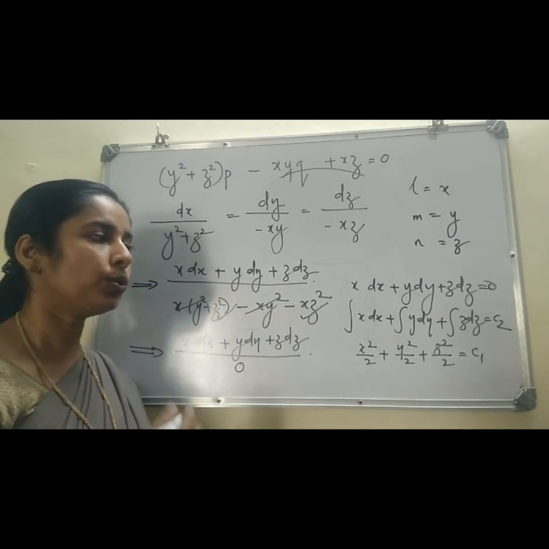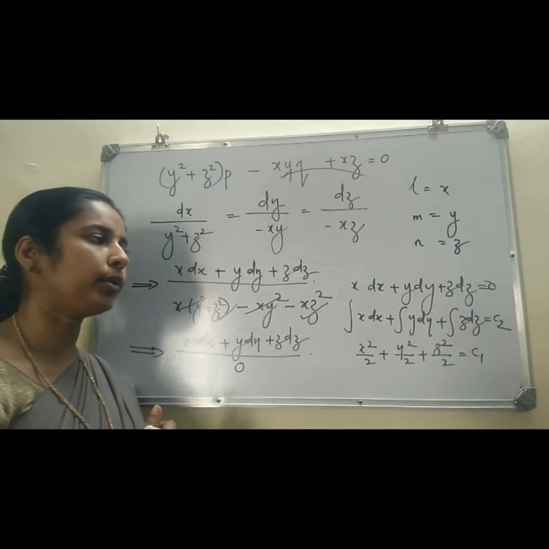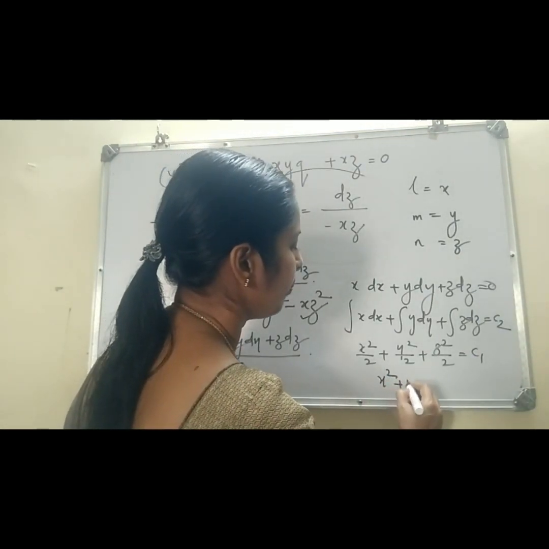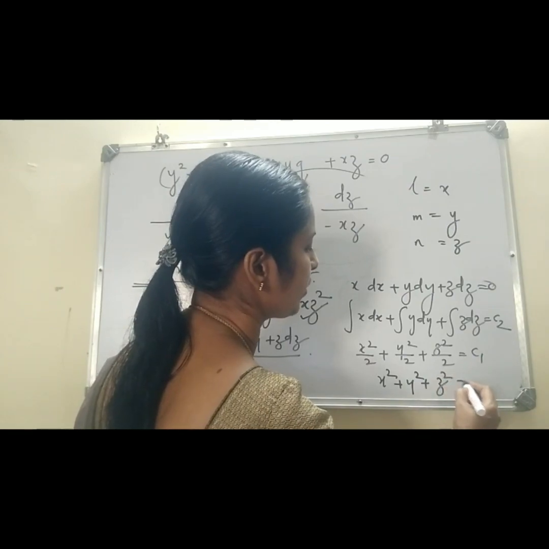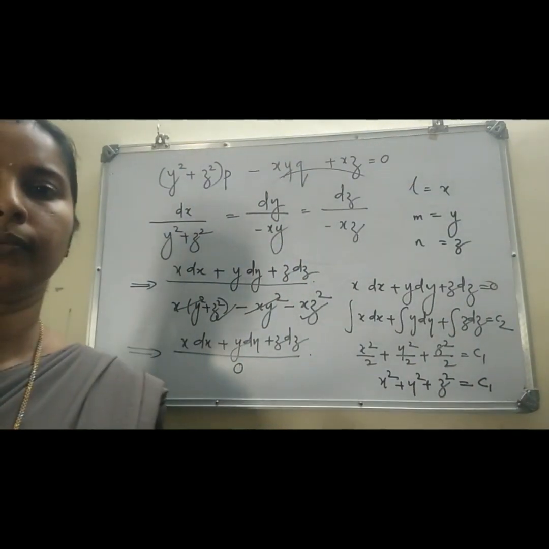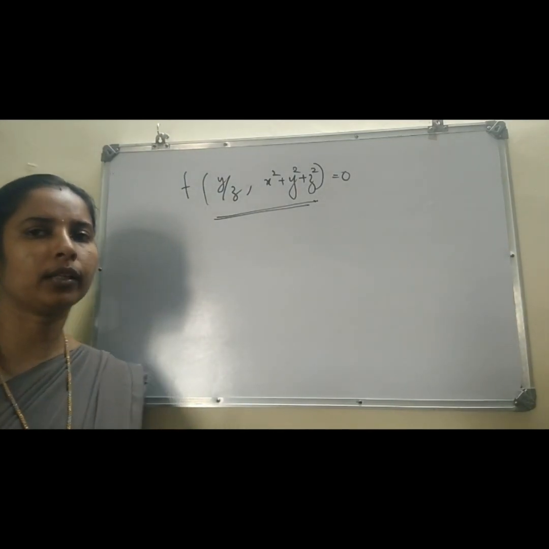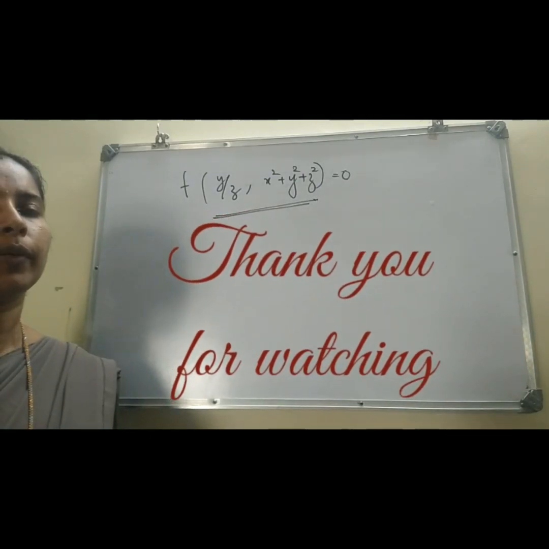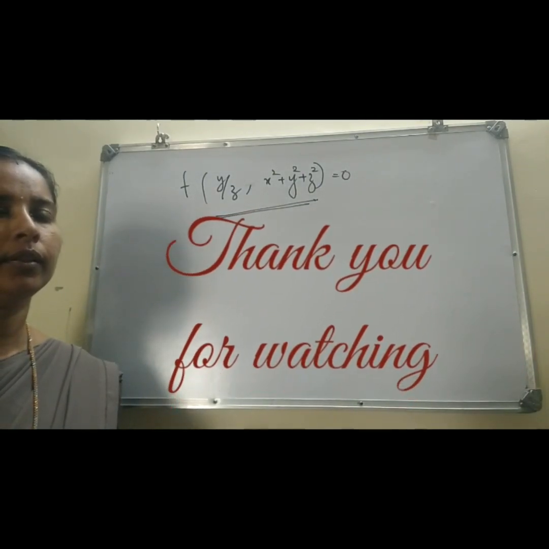Then the right side becomes 2c. Since 2c is arbitrary, you can consider it as c2. So the second solution is x square plus y square plus z square equal to c2. Now we have two solutions. So the solution of the given equation is f of y by z, x square plus y square plus z square equal to 0.